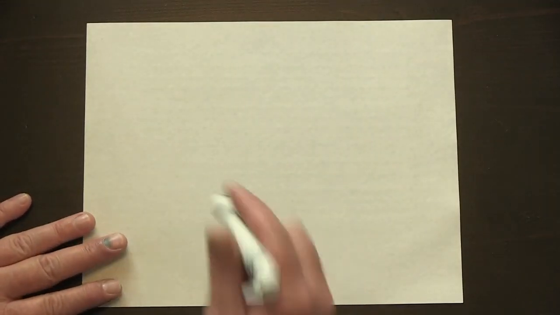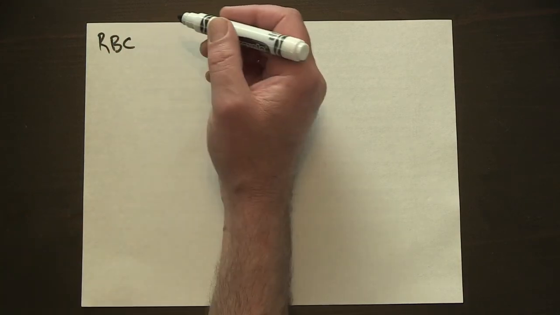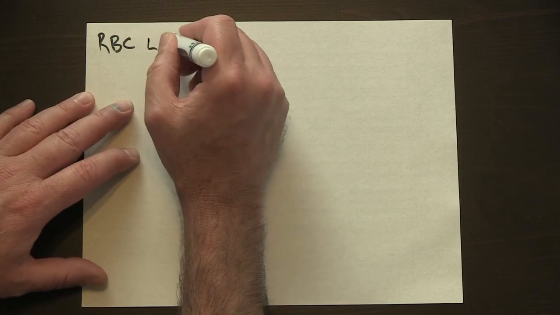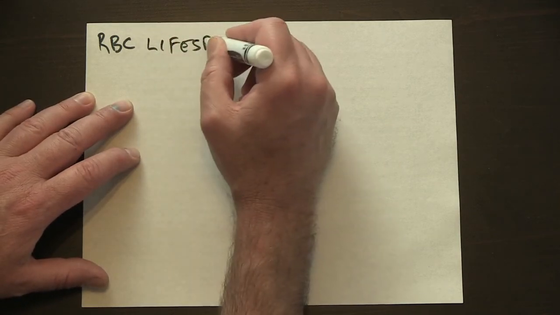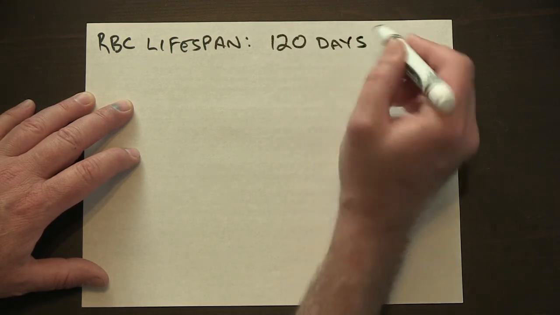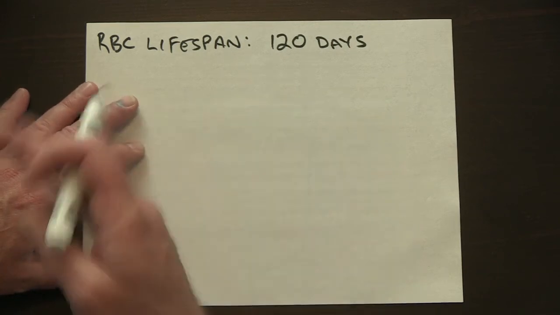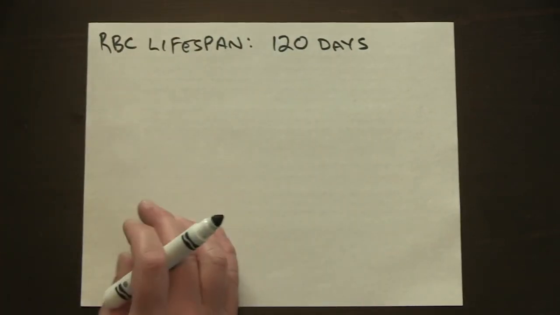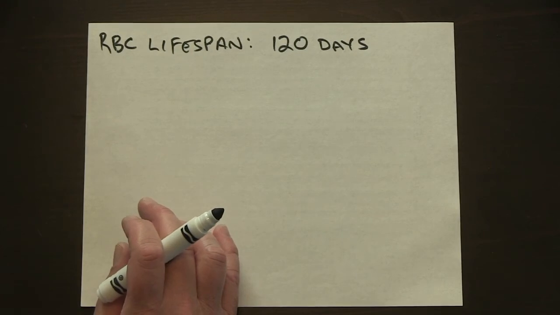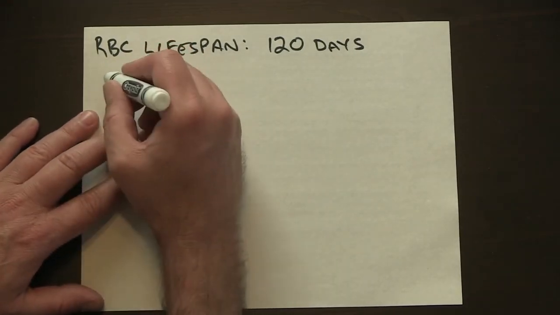So red blood cells, like all cells, they have a lifespan, and the lifespan for red blood cells is 3 months, 120 days. What did I say? A couple weeks? Why was I wrong? 120 days. And then over time, they just become fragile and damaged as they move through the blood vessels, and eventually they get pulled in by the spleen and liver to be recycled.